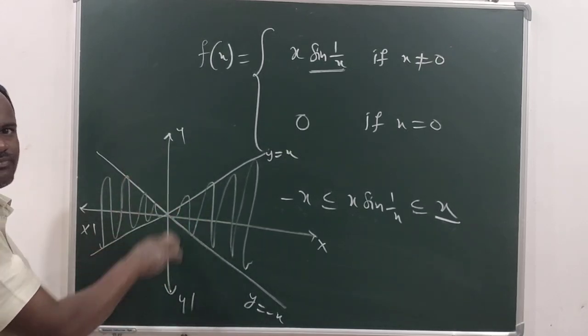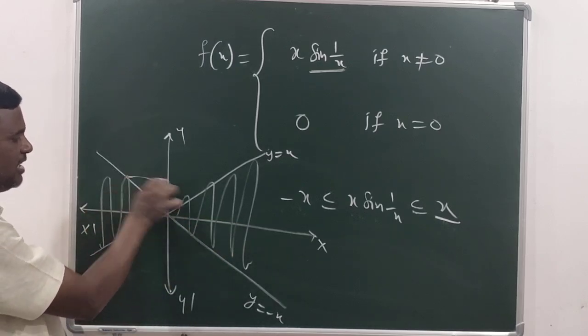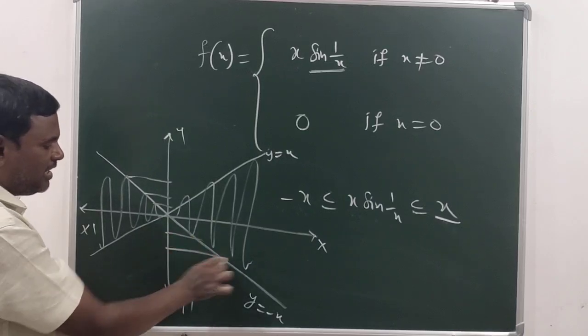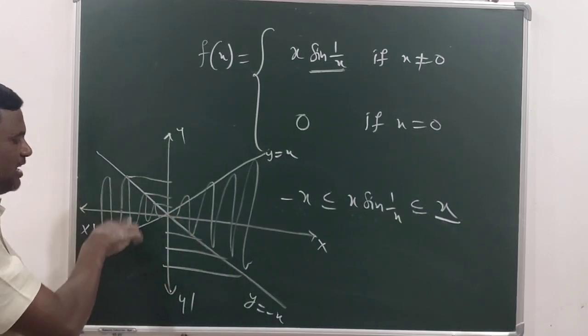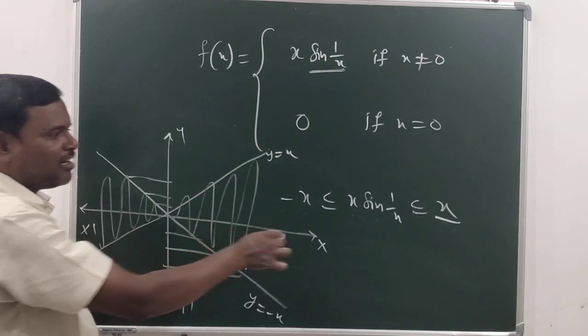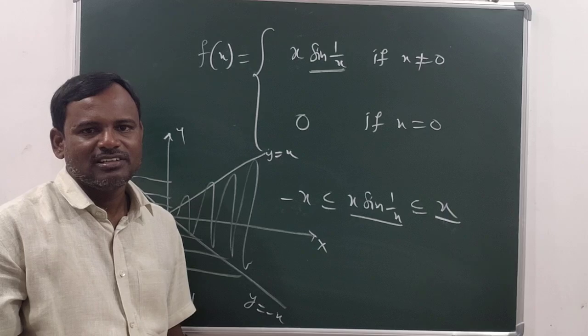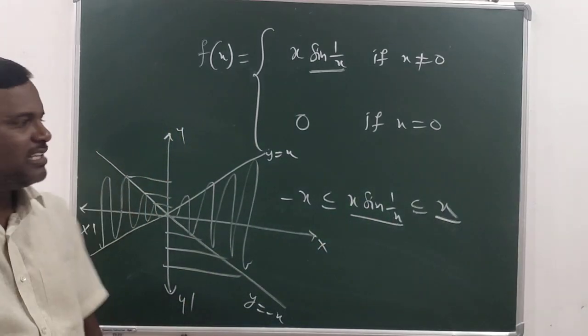These are domain values. Now the range, see here, is changing continuously, not attaining a fixed value on the y-axis. So it is oscillating with high frequency, not attaining a fixed value in its range. Means we cannot comment on the range of this function.